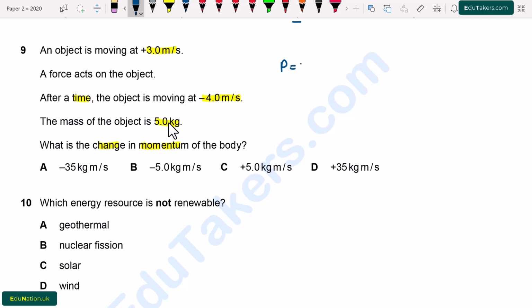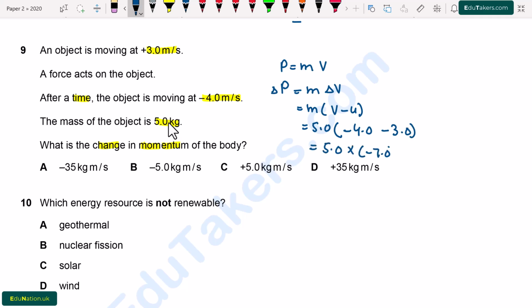Basically, momentum is the product of mass and velocity of the object. Change in momentum will be equal to mass times delta V. So delta V is basically V minus U. Mass is given 5.0 kilogram, multiplied by V, which is minus 4.0, minus initially the body is moving at plus 3.0, so here it will be 3.0. 5.0 multiplied by minus 7.0, which is equal to minus 35 kilogram meter per second.